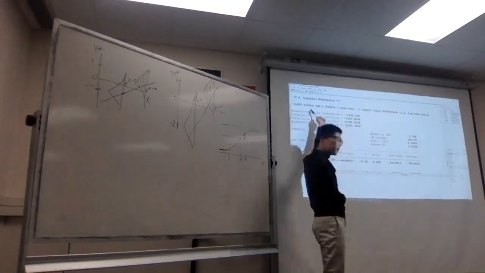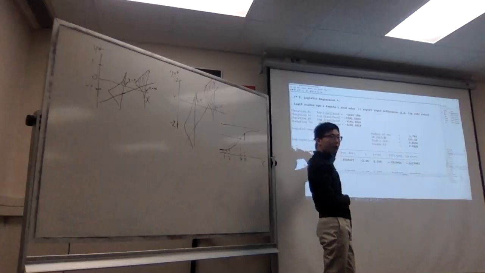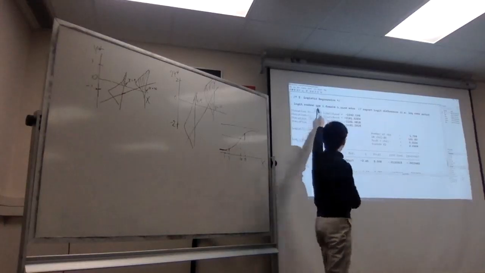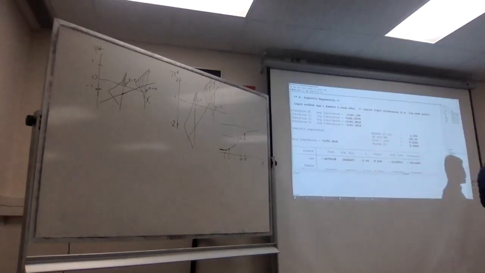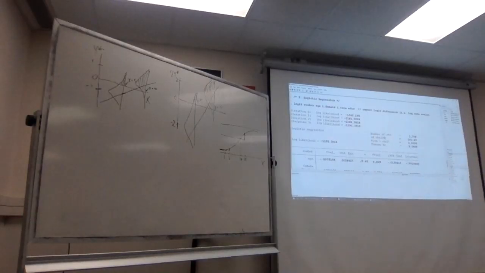So agree is supporting women's abortion rights, and the others are independent variables: age, female, race, and education years. And you're interested in education years' effects on the abortion rights.